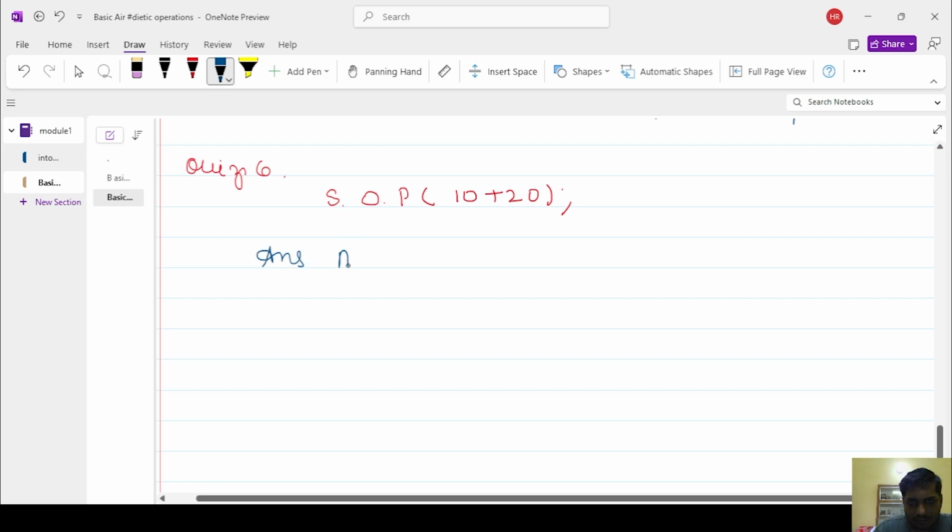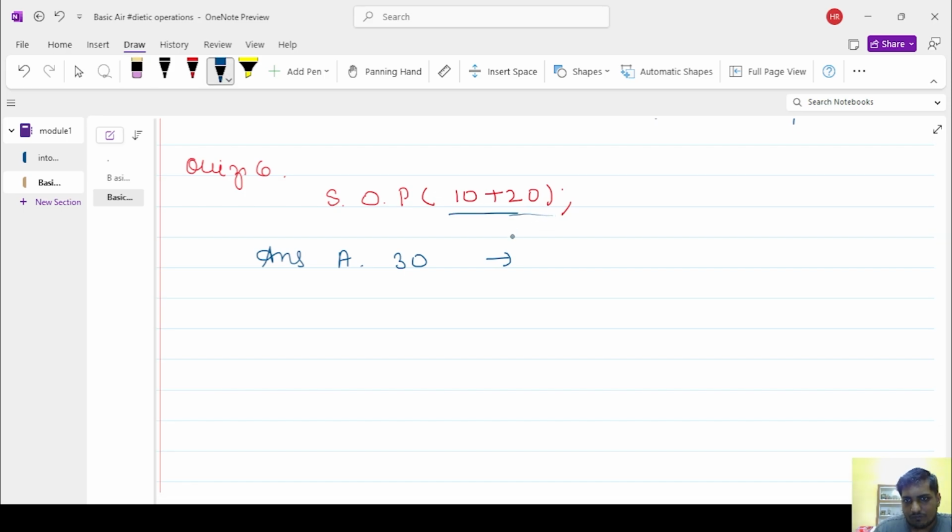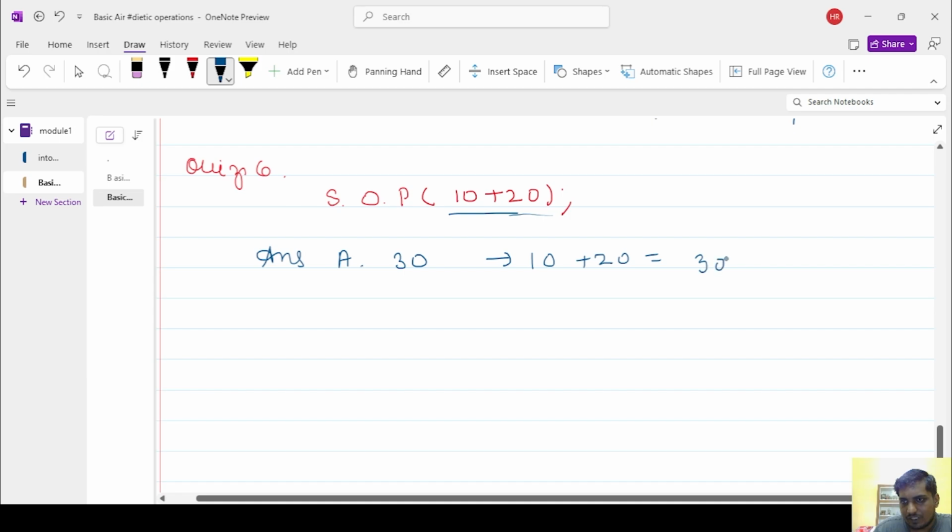Answer is A, that is 30. And why is it 30? Because in Java it will be evaluated, and evaluated means 10 plus 20 performs addition, and the result will be 30.